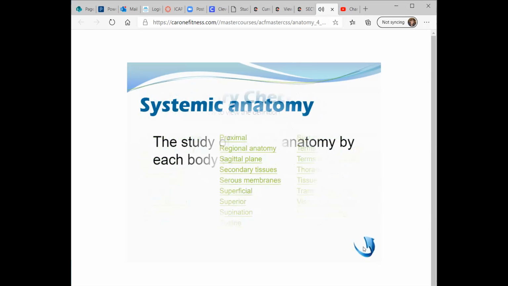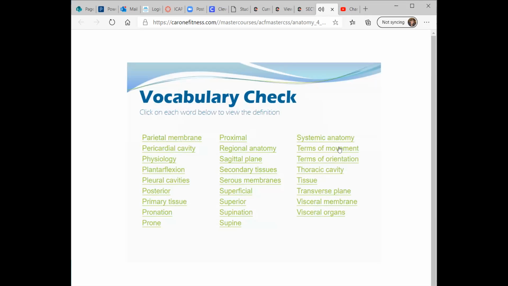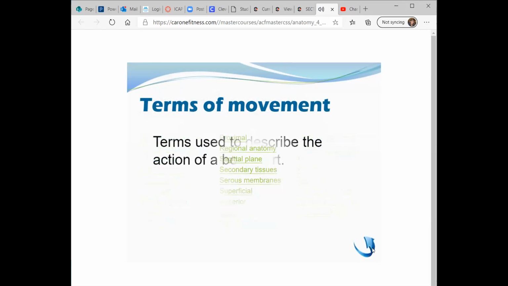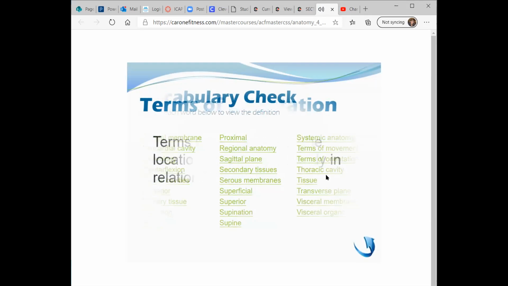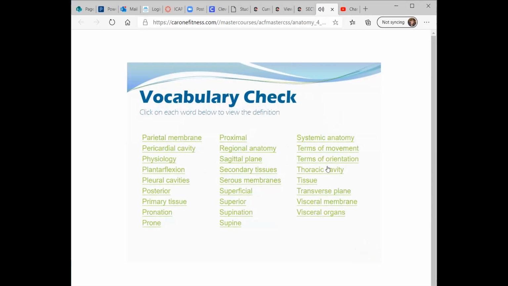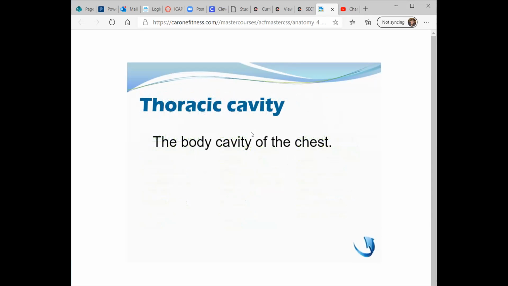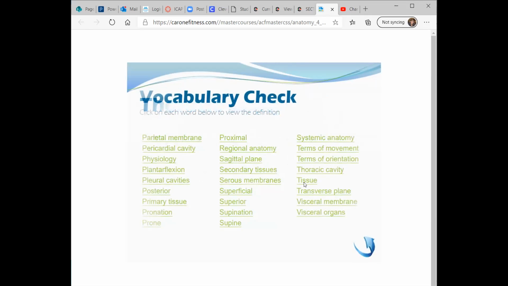Systemic. Terms of movement, we talked about that. Describing actions, and then orientation is where the body is in relation to the other parts of the body. Thoracic cavity, the chest cavity. Thoracic. I just think of Thor as having a big chest.